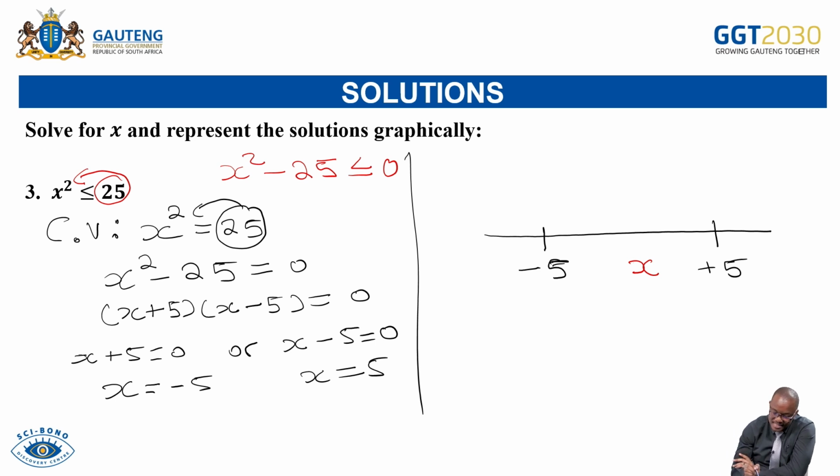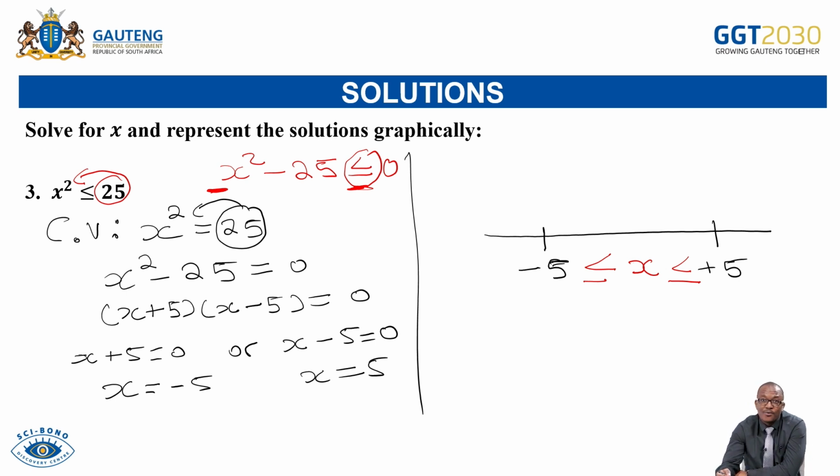And remember, numbers that are less than or equal to 0 are negative numbers, correct? But because the leading coefficient there is positive, and I said it always needs to be positive, we say the sign there is less than or equal to, then I will include the sign between the two numbers and x as less than or equal to.